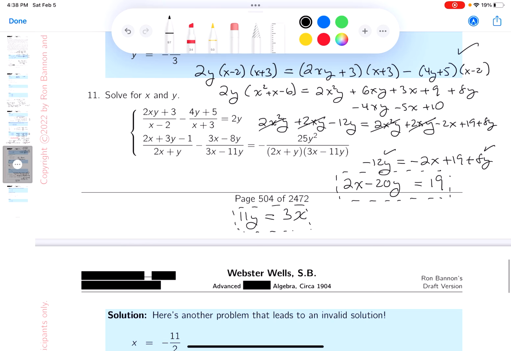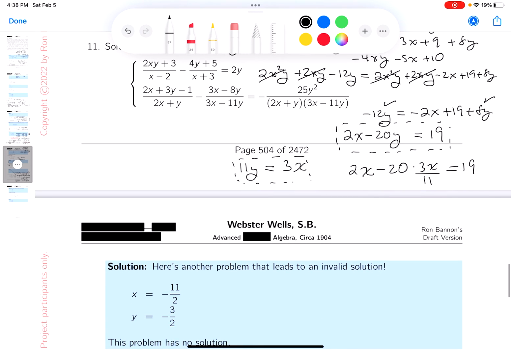I got to do it then, right? So let's see. 2x minus 20. What's y? It's actually 3x over 11. And that equals 19. I'll keep going through it. And I'm going to factor an x out.